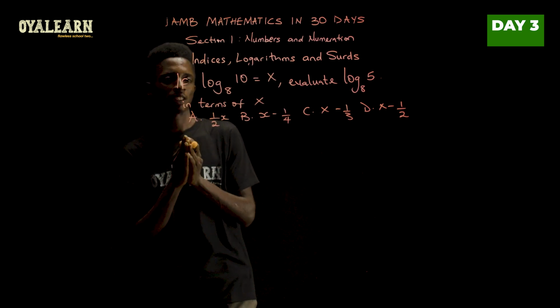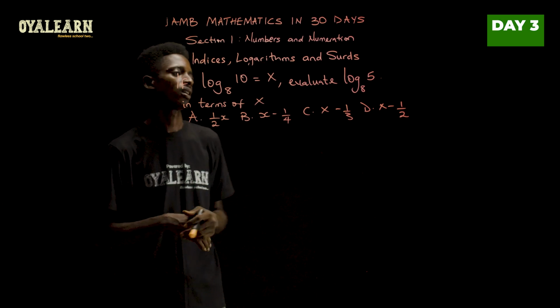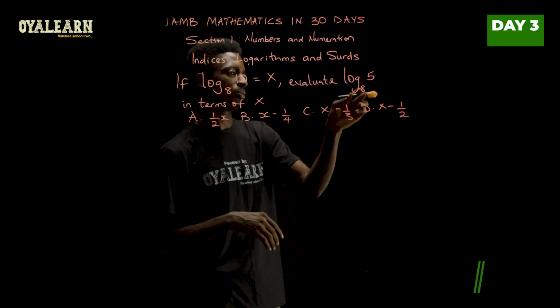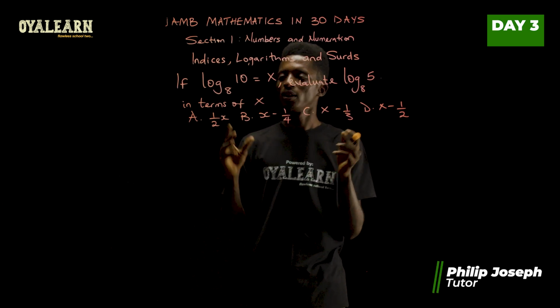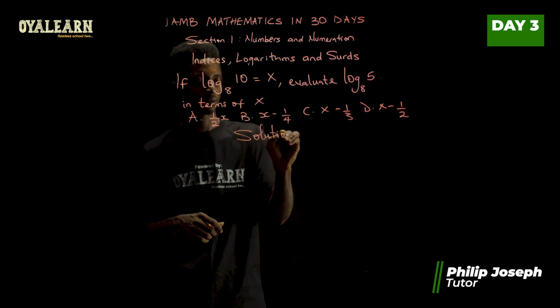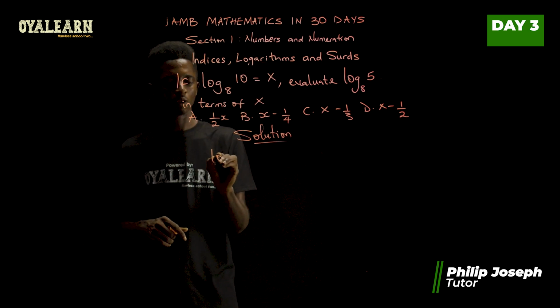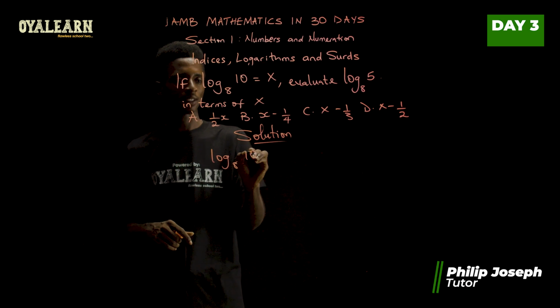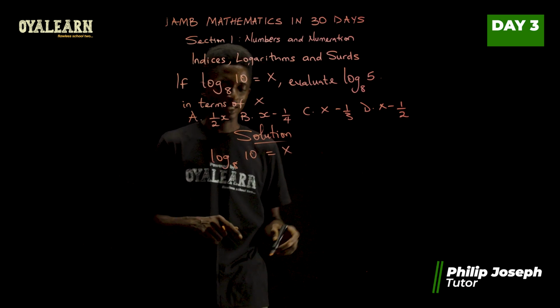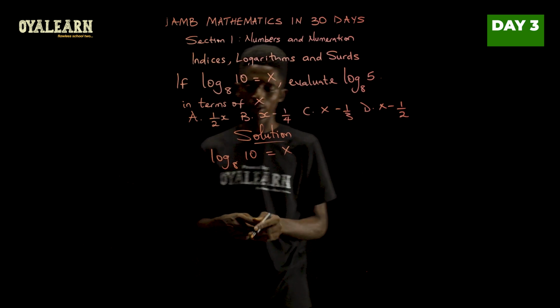This question on logarithm says, if log to base 8 of 10 is x, evaluate log to base 8 of 5. Now to solve a problem like this, here's what you do. Starting with the problem itself, log to base 8 of 10 equals x. Now we have to find a way to write 10 in terms of 5.